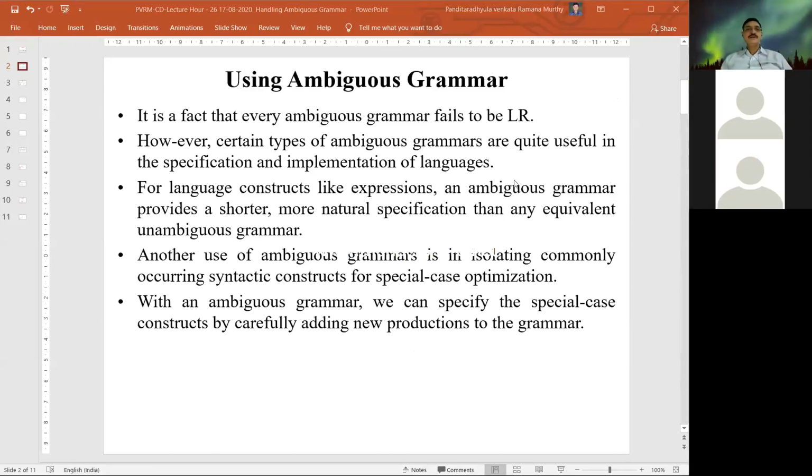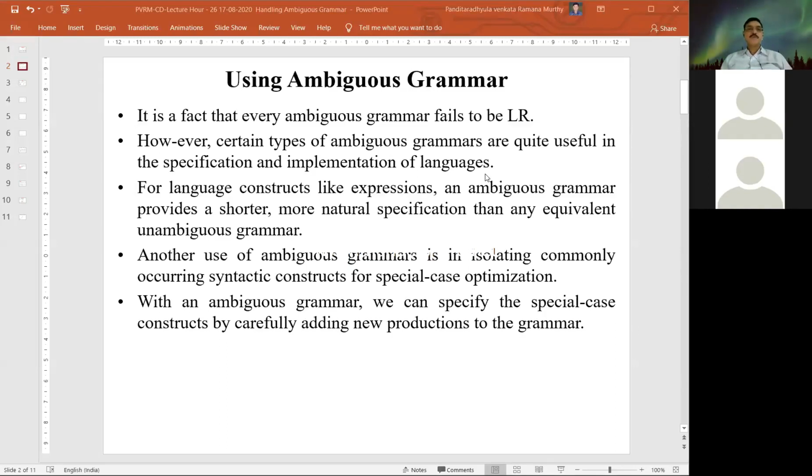First of all, we'll see what we can achieve through ambiguity. In fact, every ambiguous grammar fails to be LR. That is the main thing. However, certain types of ambiguous grammars are quite useful for the specification and implementation of languages.